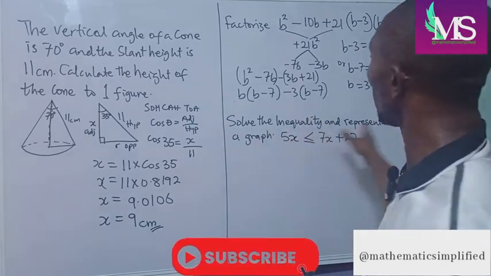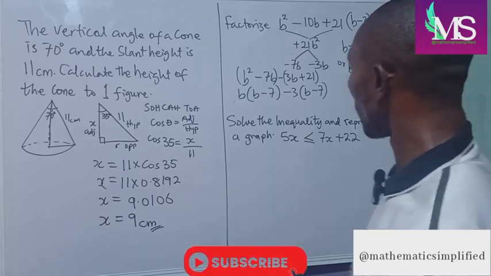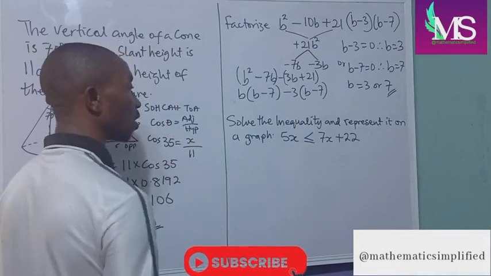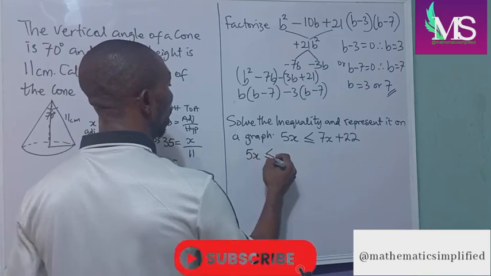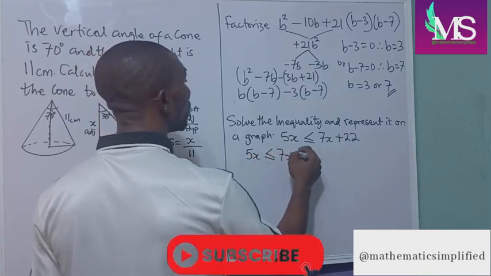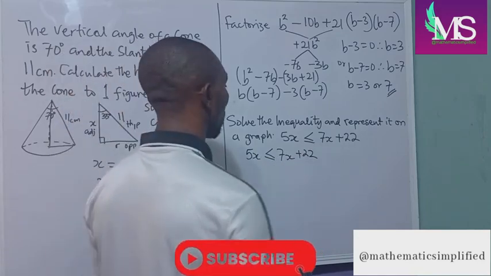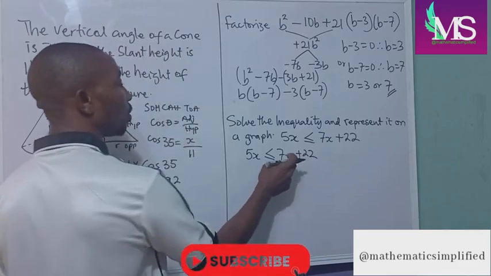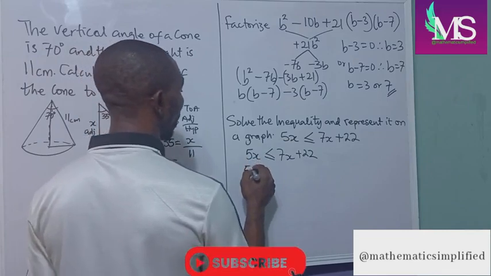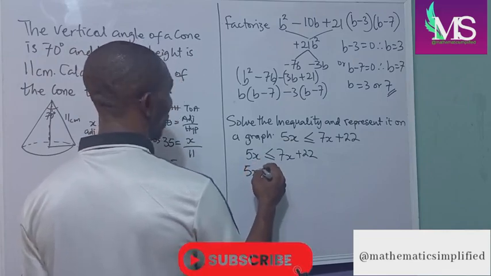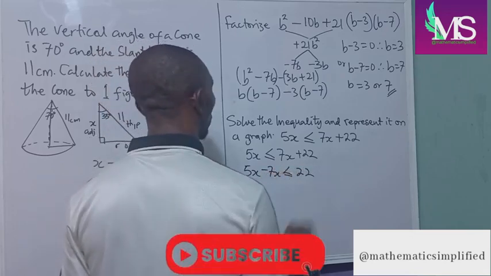Now the next one says solve the inequality and represent it on a graph. Now for us to solve this inequality, this will give us 5x less than or equal to 7x plus 22. Now collecting our like terms, our positive 7x will become negative, which gives us 5x minus 7x is less than or equal to 22.